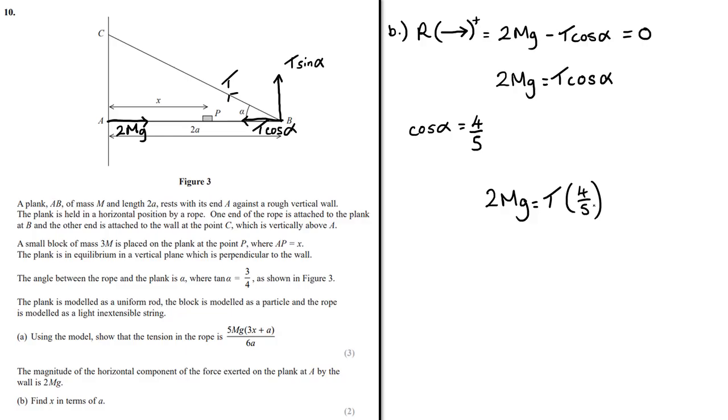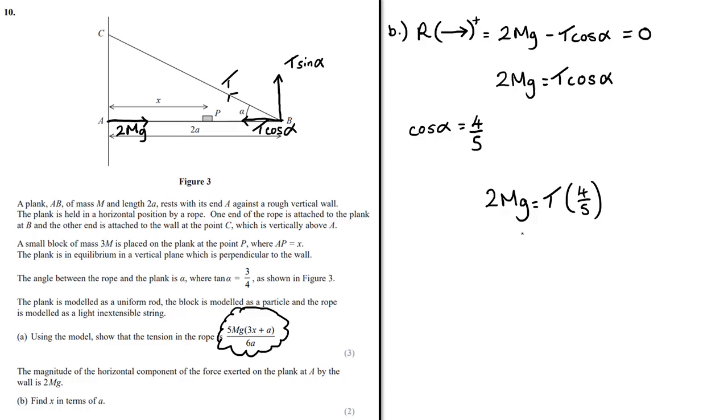But we know that the tension T is equal to this. So even if you couldn't show this in part A, you can still attempt part B, because we know what the tension is. It's going to be a bit messy, but I now need to replace T with this expression here.